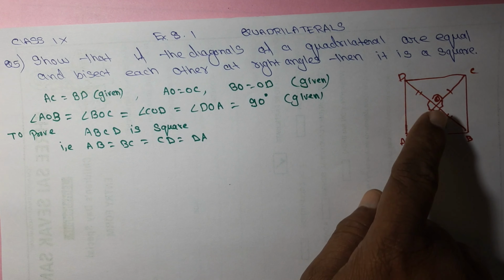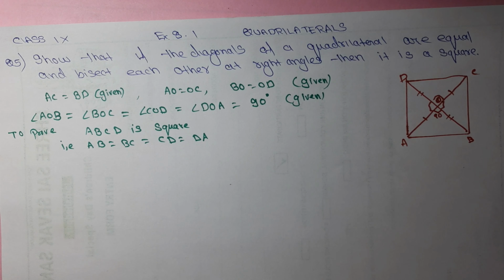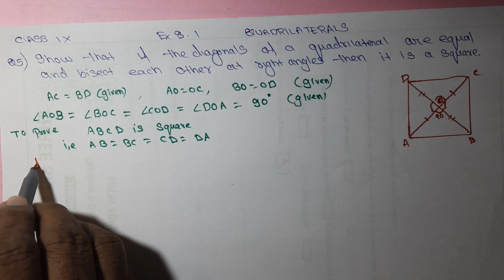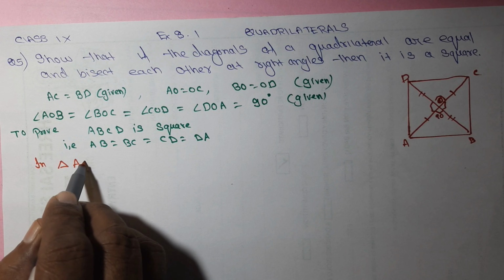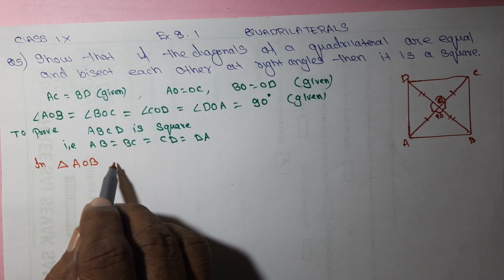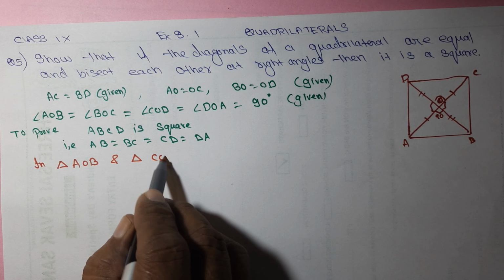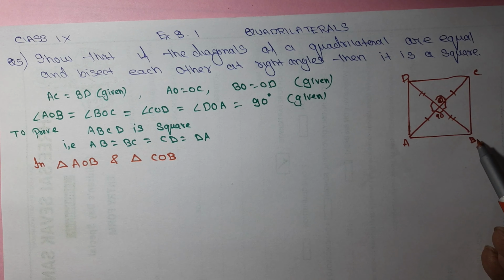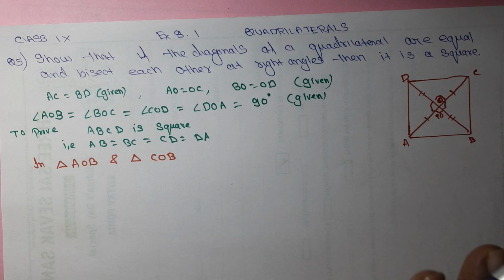So here OB is common. Now we'll take two triangles. In triangle AOB and triangle COB, in these two triangles, what are the things given?